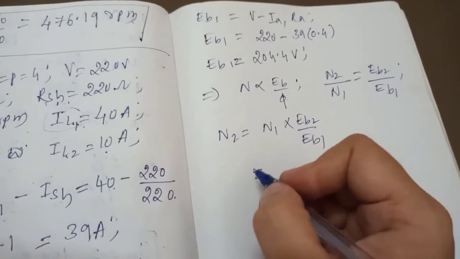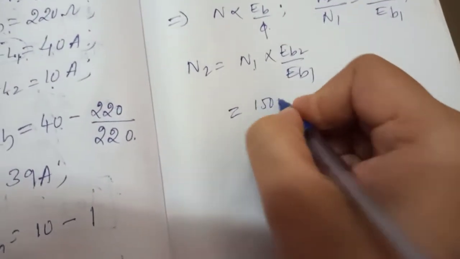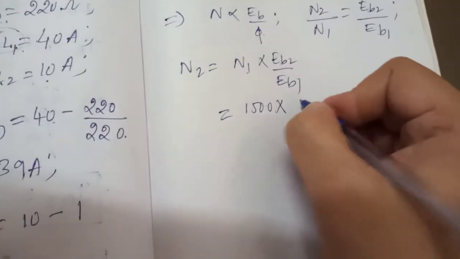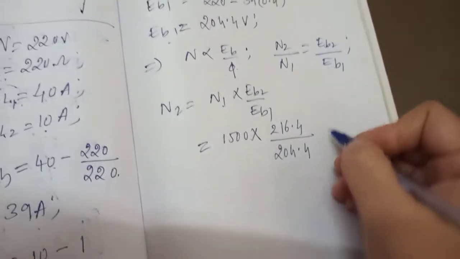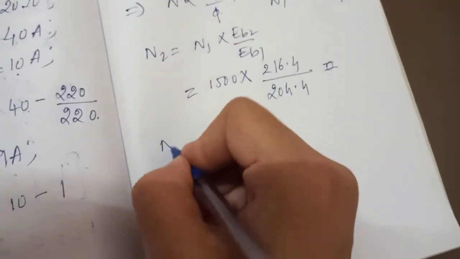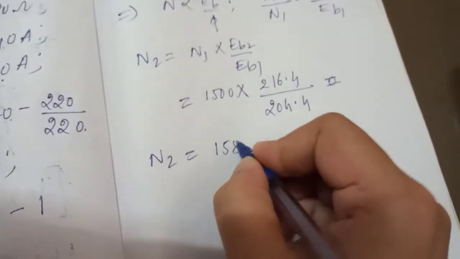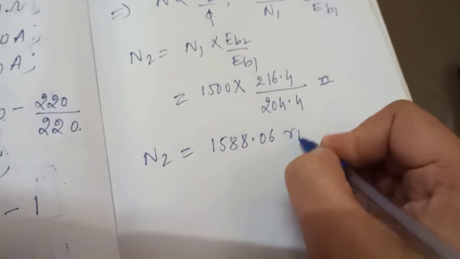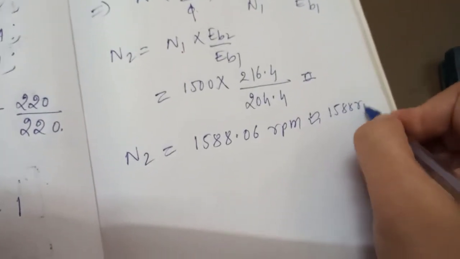N1 is equal to 1500 RPM into EB2, which is 216.4, divided by EB1, which is 204.4. So N2 will come around 1588.06 RPM, approximately 1588 RPM.